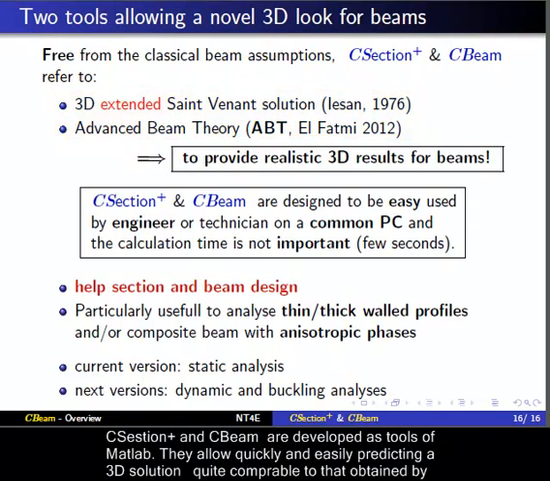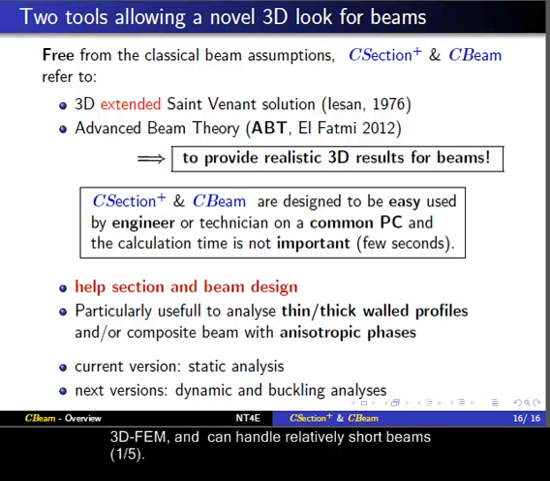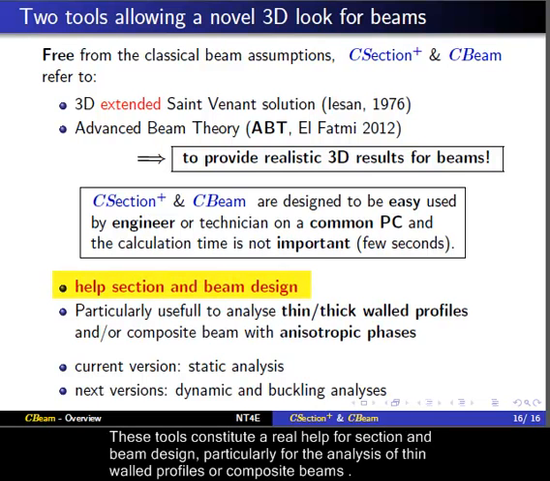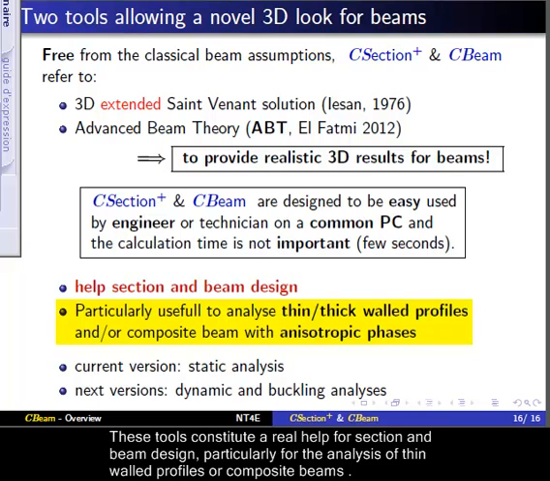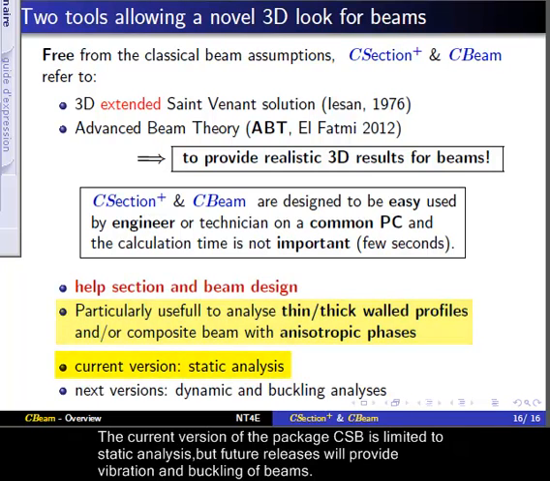CSection Plus and CBeam are developed as tools of Matlab. They allow quickly and easily predicting a 3D solution quite comparable to that obtained by 3D FEM and can handle relatively short beams. These tools constitute a real help for section and beam design, particularly for the analysis of thin-walled profiles or composite beams.